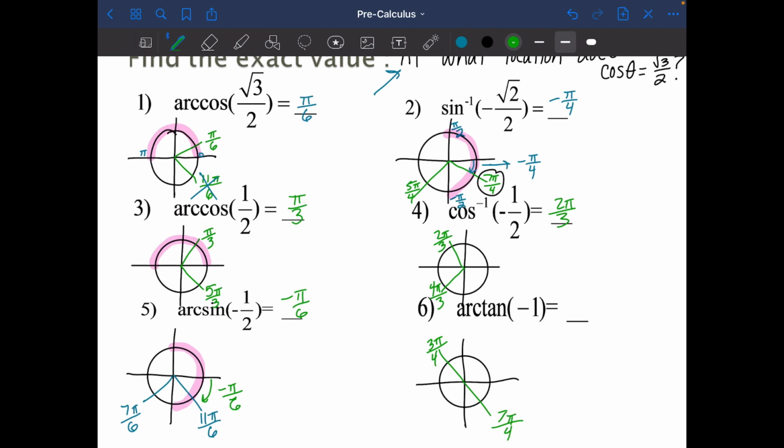Similar to sine, tangent inverse restrictions are also from negative pi over 2 to pi over 2, but not including those, because tangent is undefined at those two places. So we got our boundaries here. The angle 7 pi over 4 looks like it's in bounds, but it's really not. We've got to be careful. This is another one where we'll have to go backwards. So you go backwards pi over 4. So negative pi over 4 is our answer.